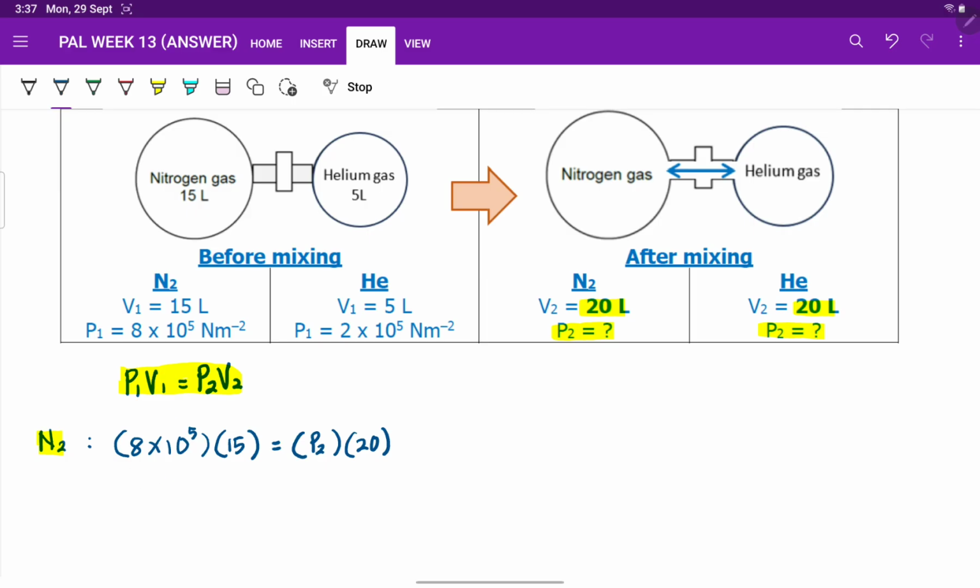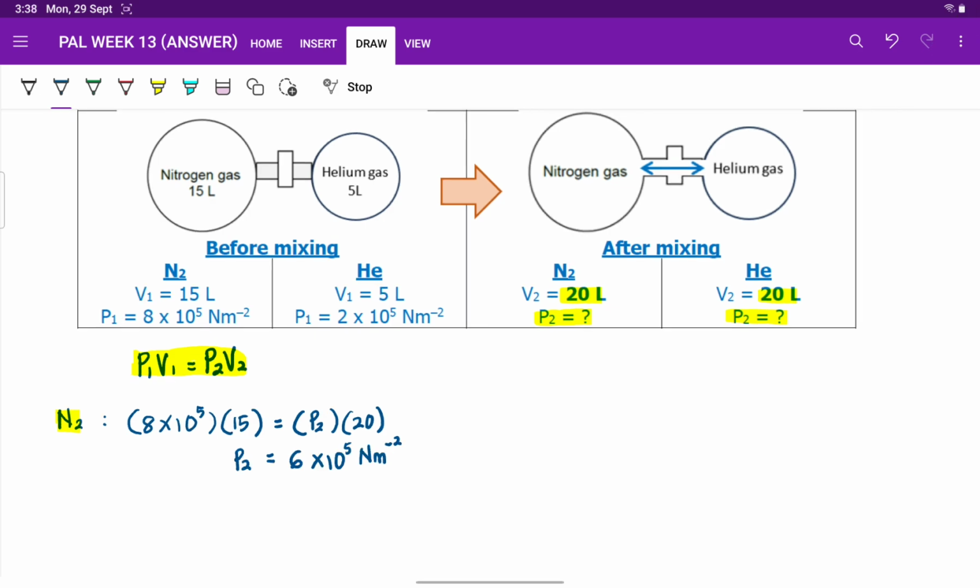I'm going to use 8 times 10 to the power of 5 Newton per meter squared here. That means when we calculate P2 for nitrogen, we're going to get the same unit. So here we will get P2 equals 6 times 10 to the power of 5 Newton per meter squared. So this is the new pressure for nitrogen.